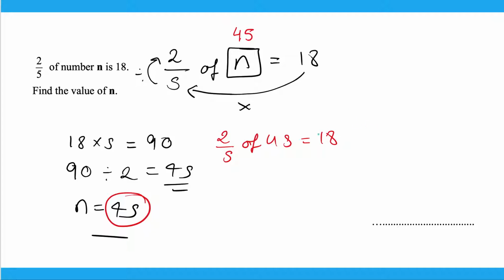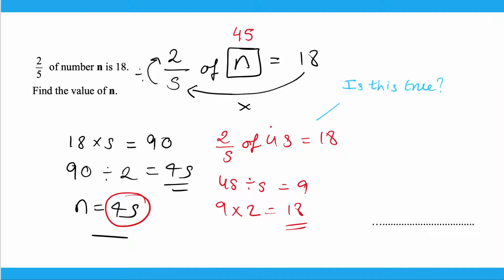You need to think, well, is this true? 45 divided by 5 is 9, and then 9 multiplied by 2 is 18, and that is true, so you know that your answer is correct, and the missing number is indeed 45. So your answer would just be 45.